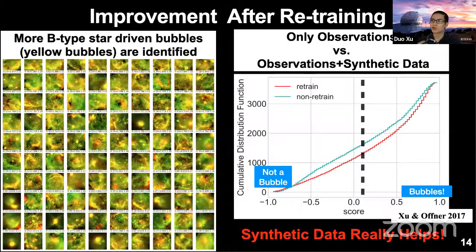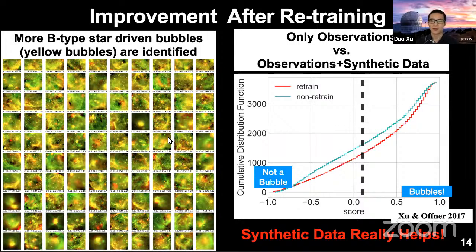After we retrain our algorithm by supplementing some synthetic data, we see the performance of this model is enhanced. If we only train the model with observational bubbles, there is some bias. We cannot identify the yellow bubbles, which are driven by relatively lower mass stars, such as B-type stars. Because humans have a bias towards really bright things.